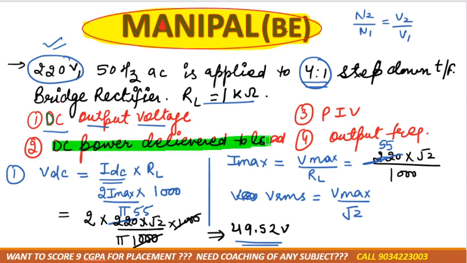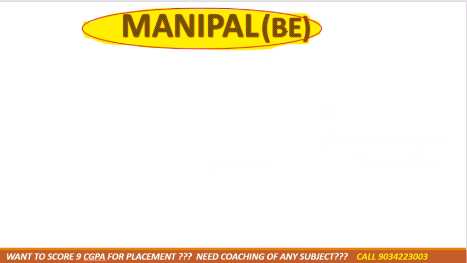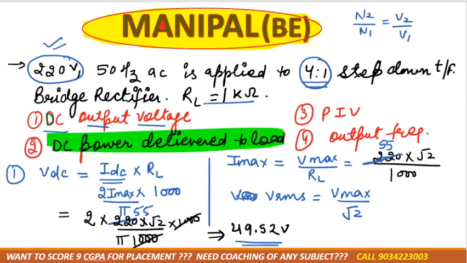Next one is the DC power delivered to the load, right? So we'll have PDC. The PDC power formula is normally I square R. So again we'll take IDC into RL, right? IDC we need to calculate. We have calculated it in the previous case. RL we already know, so we can get the power, correct?